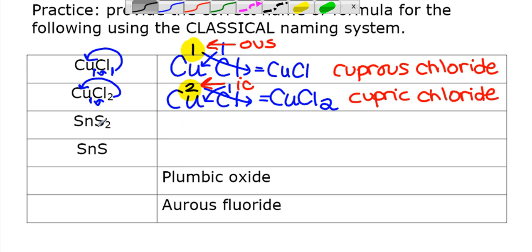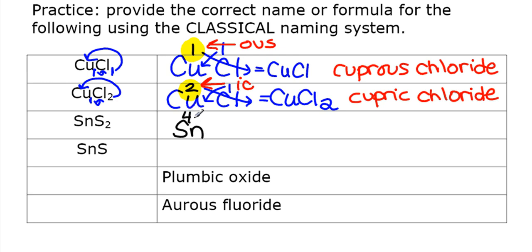So just a mental note here on the side. When we look at tin on the periodic table, it shows as having a charge of 4 or a charge of 2. So I have to decide which one is using 4 and which one is using 2. Sulfur, I know, always has a charge of 2.